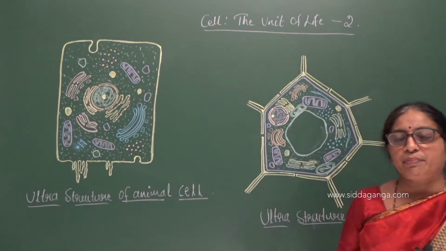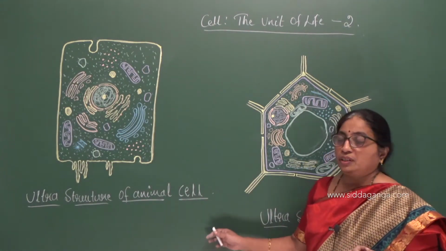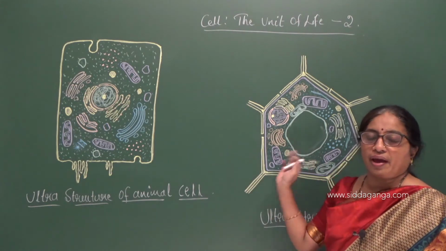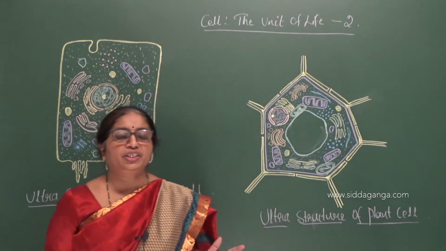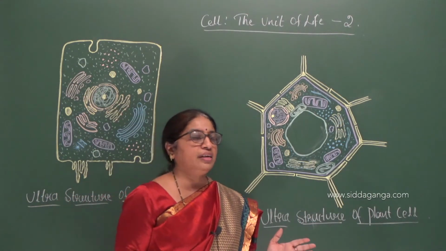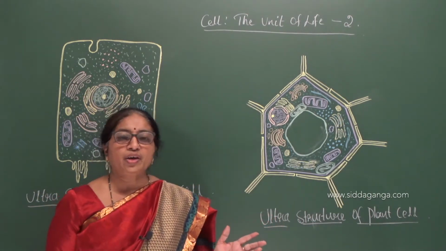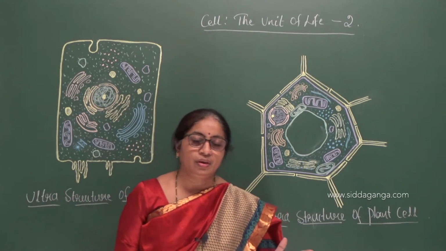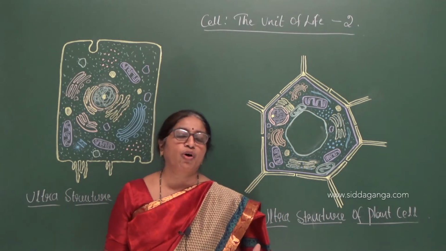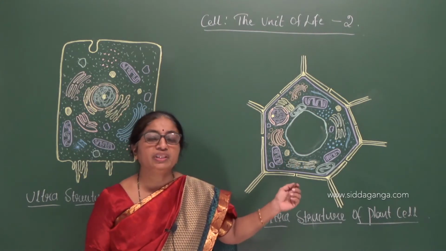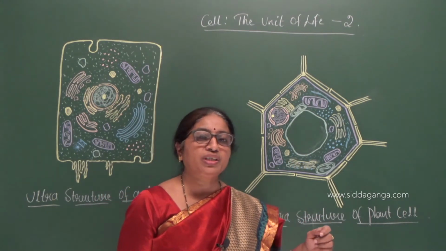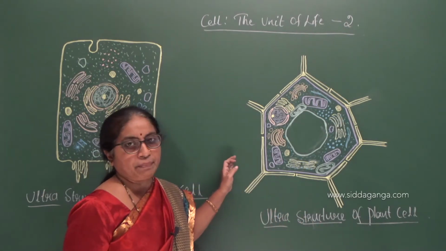So as revealed by the electron microscope, these two are the eukaryotic cells. We have already understood what are prokaryotic cells and eukaryotic cells in the earlier video. The prokaryotic cells are the cells with the primitive form of nucleus or an incipient nucleus, or with nucleoid, where the nucleus is not covered by a nuclear membrane.